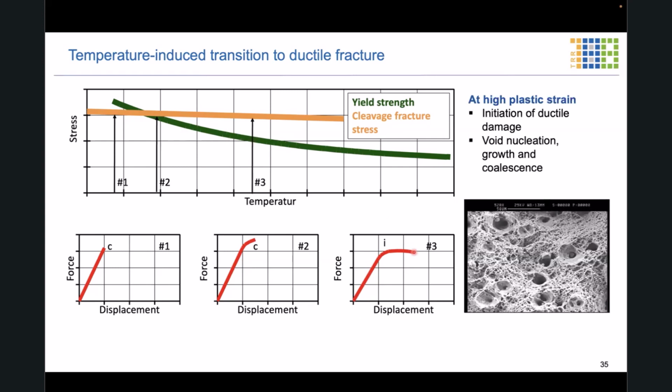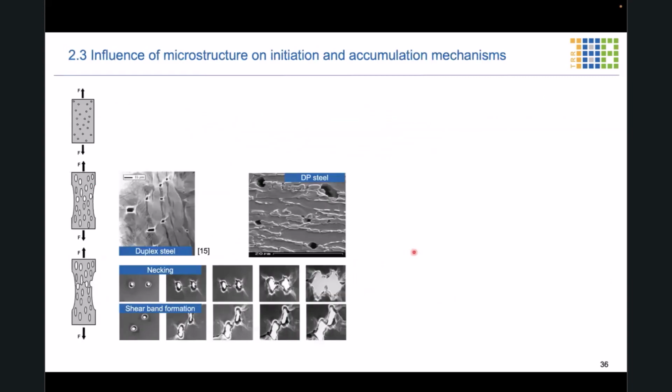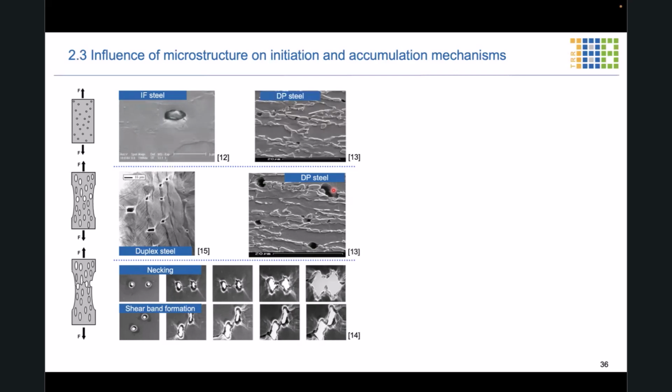And that means at such high levels of plastic strain, we see the initiation of ductile damage, which is to be characterized by the phases of void nucleation, growth, and coalescence. Of course, there are, again, different microstructural aspects to be considered, which is, as indicated before, the nucleation phase to be distinguished between decohesion at phase boundaries, or let's say in general at interfaces, or the nucleation due to breakage of the hard particles.